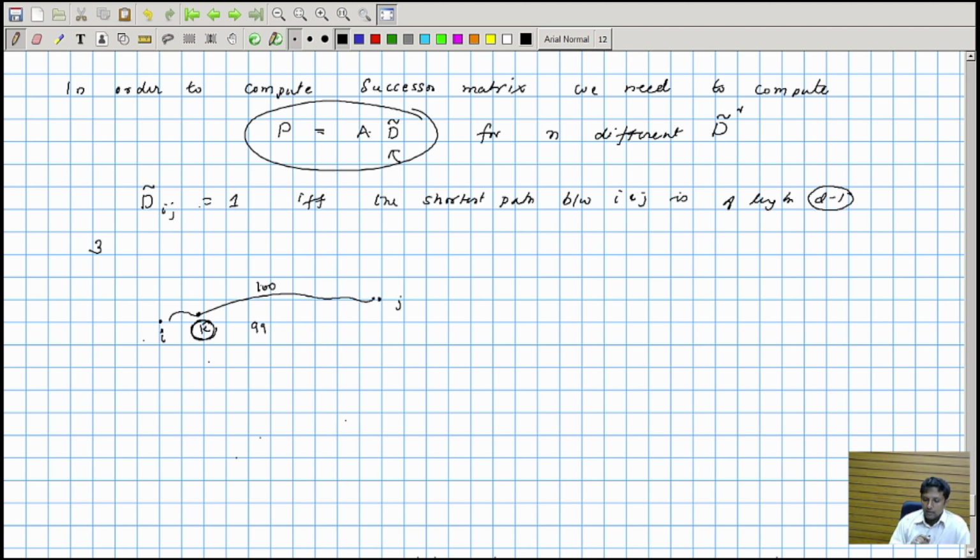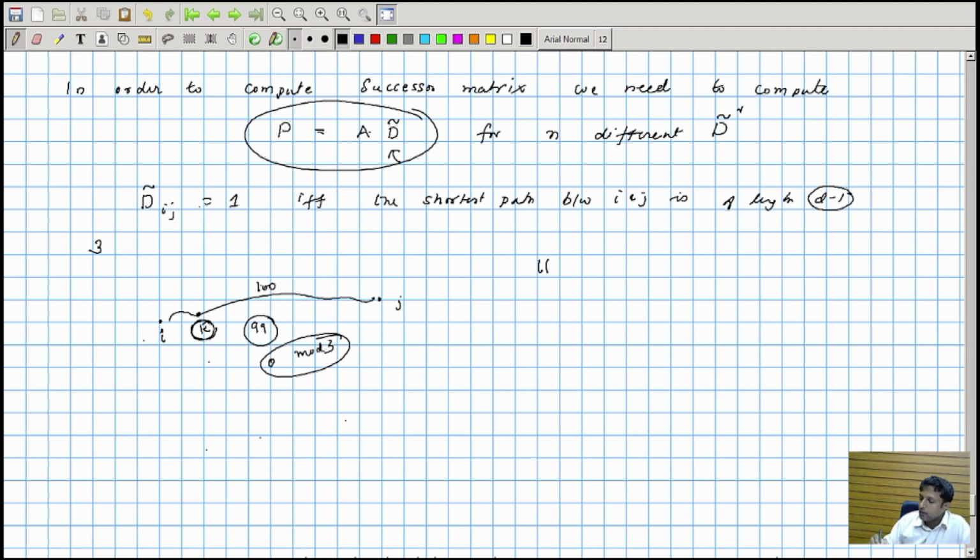If we find a vertex whose distance to j is 99, and it is connected to i, then we know that the successor is k. But do we need to know that it is 99? As long as we know that it is 0 mod 3, we are on good ground.